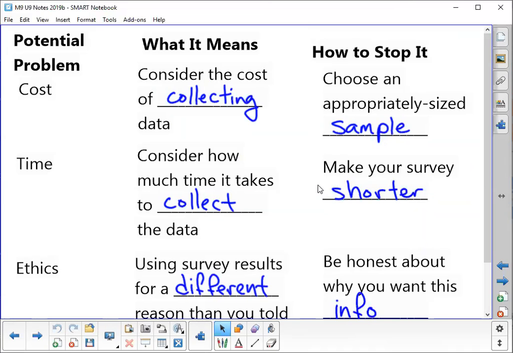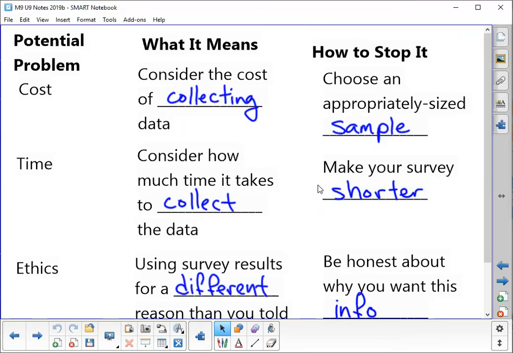Sometimes you have to consider how much time it takes to collect the data as well. So these two are really tightly linked, because you can have lots of time but no money. You can have lots of money but no time. So how you can deal with this is to choose an appropriately sized sample.